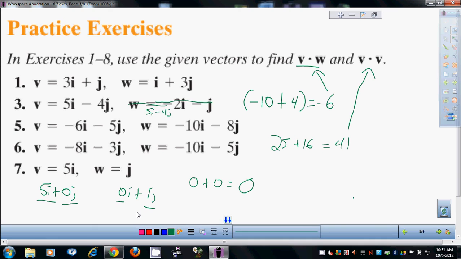But if you ever find that the dot product of 2 vectors is 0, stop. You don't even have to finish the formula. You'll know the angle between them is 90 degrees. So that's kind of handy. You might want to remember that. 0 dot product equals perpendicular, which actually, vocab word of the day, I guess.